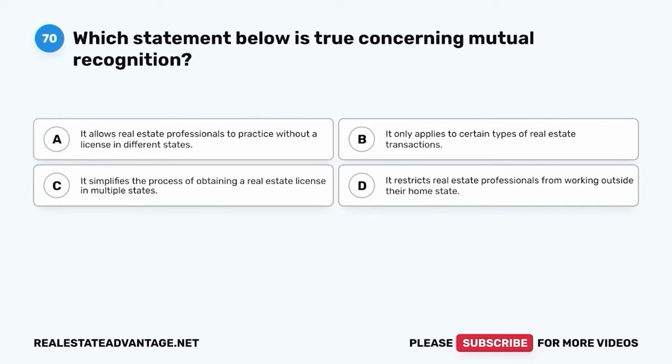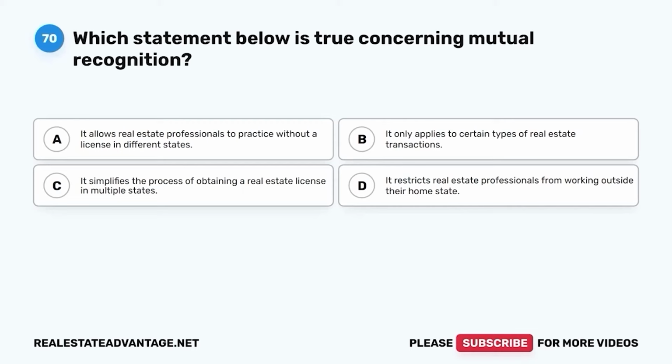Question 70. Which statement below is true concerning mutual recognition? A. It allows real estate professionals to practice without a license in different states. B. It only applies to certain types of real estate transactions. C. It simplifies the process of obtaining a real estate license in multiple states.